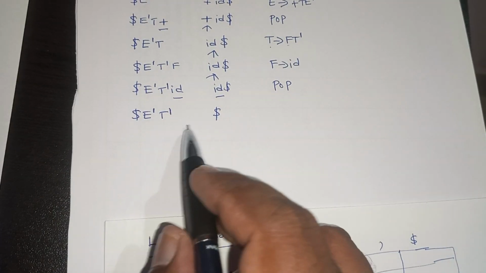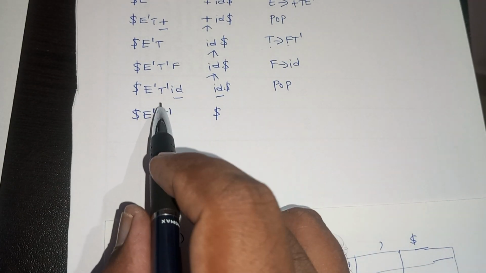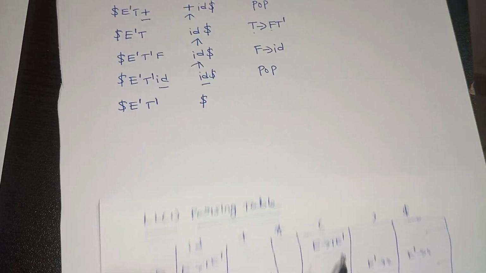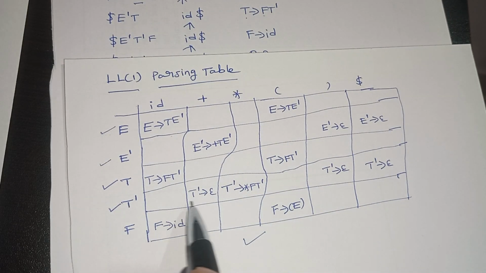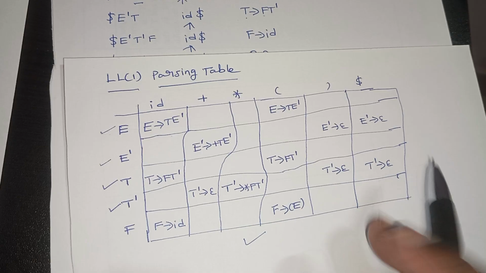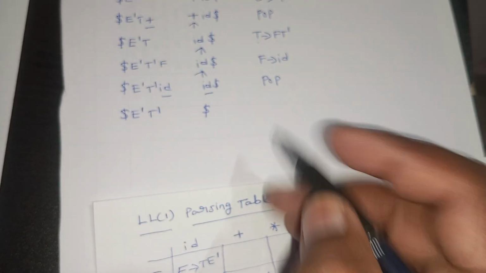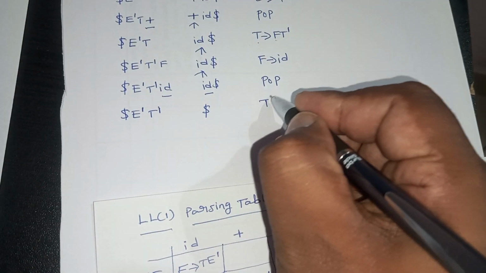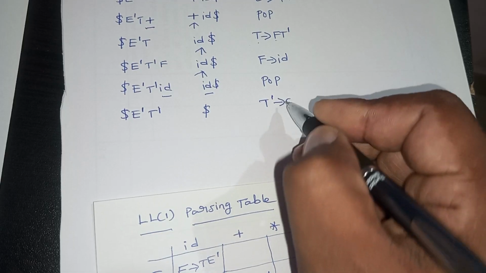Now what is t dash and dollar? T dash and dollar, it is epsilon. So t dash tends to epsilon.